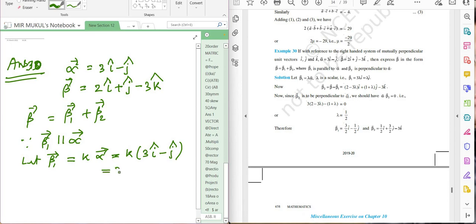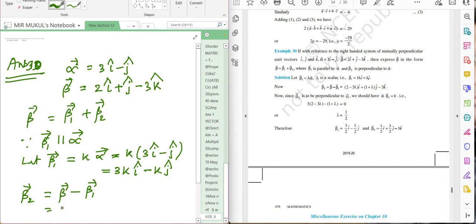So this can be written as 3k i minus k j. And beta 2 is perpendicular to alpha. If beta 1 is this and beta we already know, then beta 2 what will we get? Beta minus beta 1.